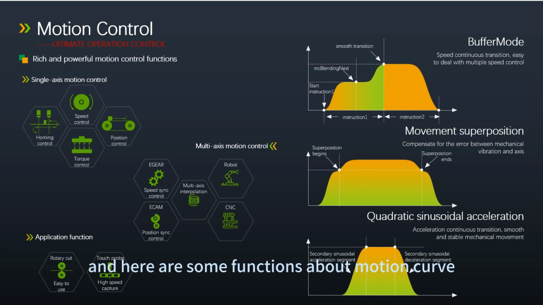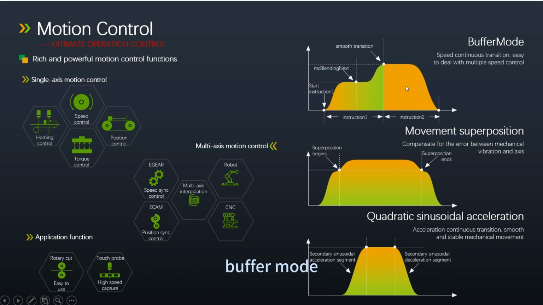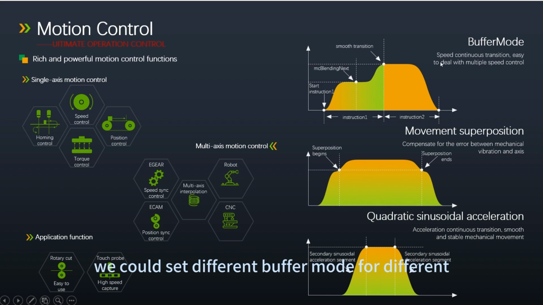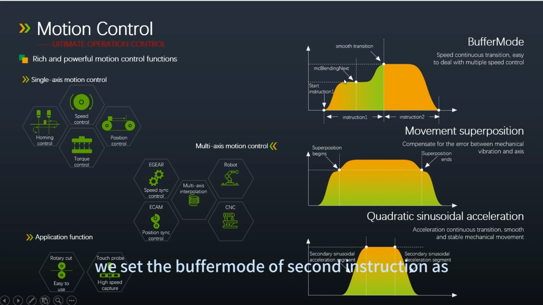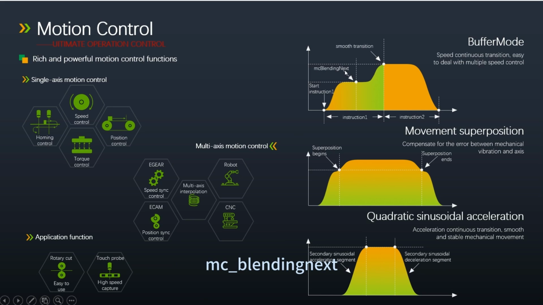And here are some functions about the motion curve. Buffer modes. We can set different buffer modes for different instructions to get a smooth motion. For example, in this case, we set the buffer mode of the second instruction as MC BlendingNext.